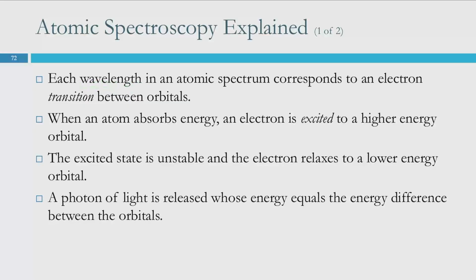Each of the wavelengths in an atomic spectra corresponds to an electron transition between orbitals, or each band of color in that atomic spectrum, because we were looking at the little flat, wide slides, and they had different little slits of color in them. So those correspond to a transition between orbital values. When an atom absorbs energy, an electron is excited to a higher energy orbital.